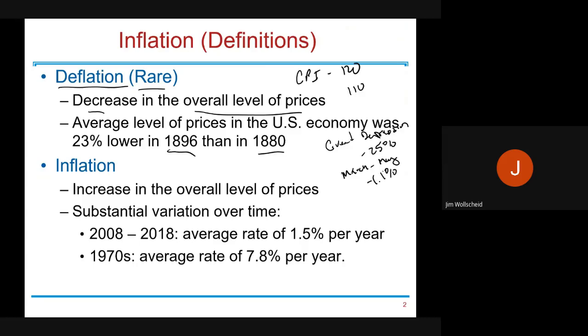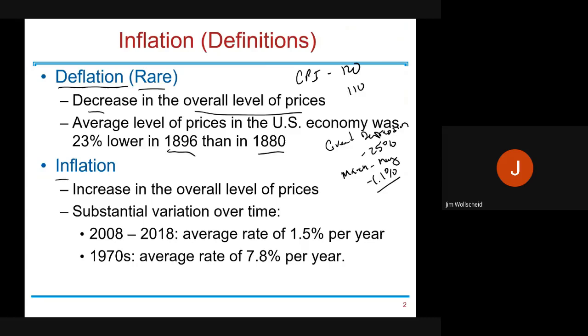We saw prices fall by 1.1%. So that's like a lot of deflation today. But for the most part, we haven't seen deflation in today's world. So we don't spend a whole lot of time talking about it, but we will talk about it a little bit because it does make the news when we start to approach that. So we will talk about that.